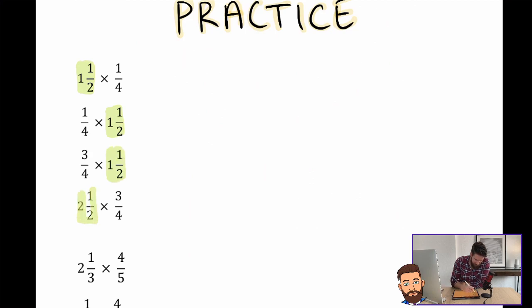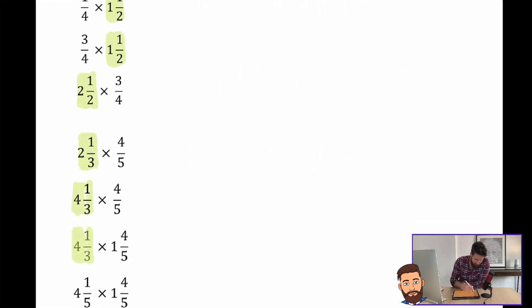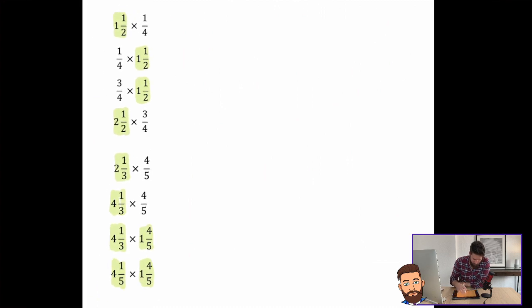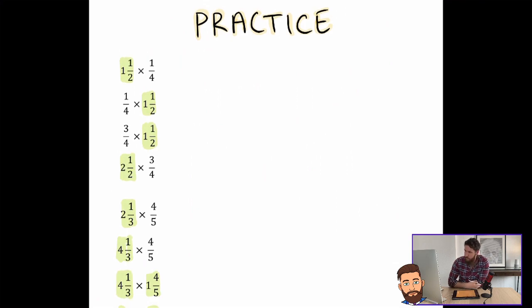You're going to have to change it into a top-heavy fraction, an improper fraction, using the method learned in yesterday's lesson. So all of these things I'm highlighting in green need to be changed into a top-heavy fraction.